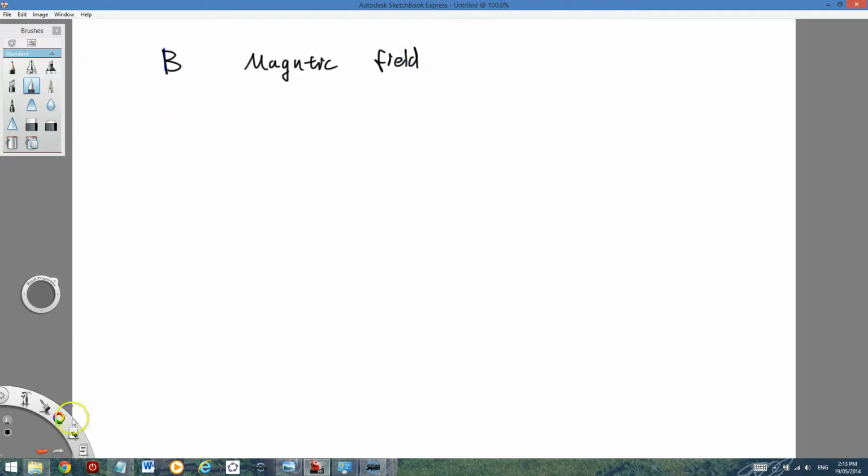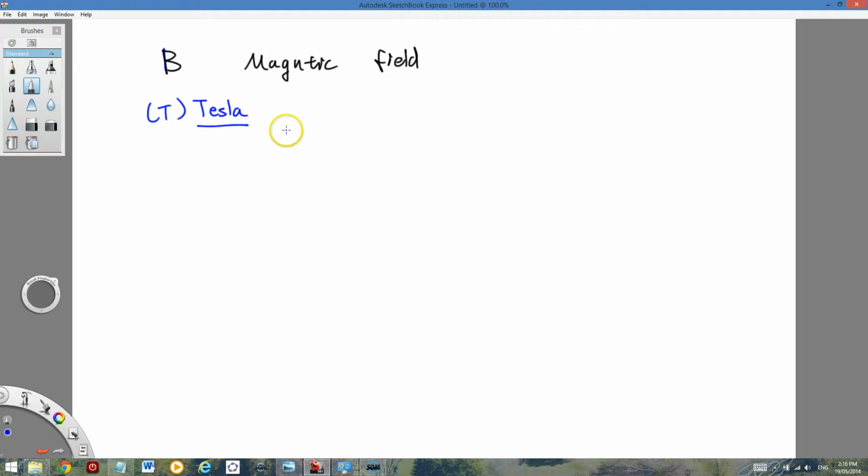Now, its strength is measured in a unit called Tesla. It's named after a scientist, Tesla. And there are some equations we can measure it. But let's worry about those equations later.